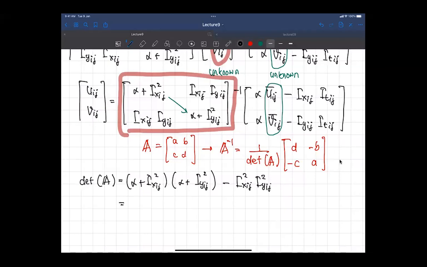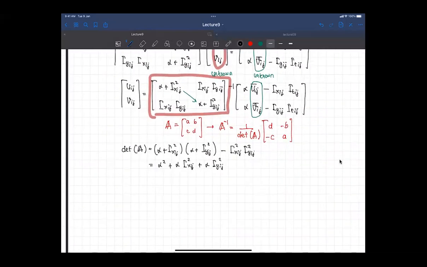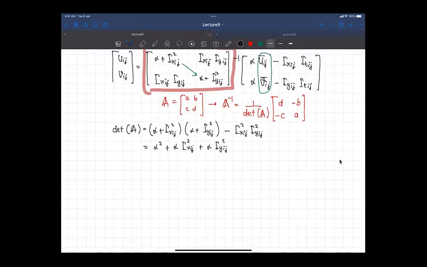And that equals alpha squared plus alpha Ixij squared plus alpha Iyij squared. That will be the determinant of A. So with this determinant of A, then we can solve the inverse problem.